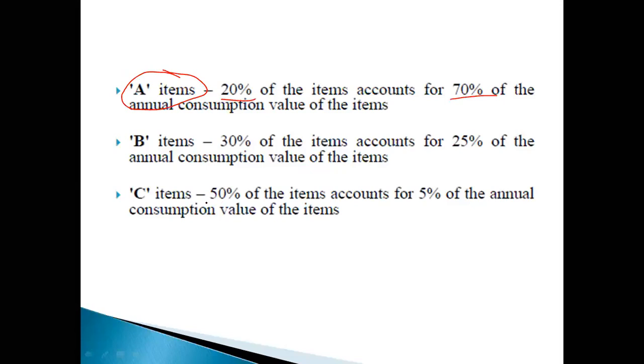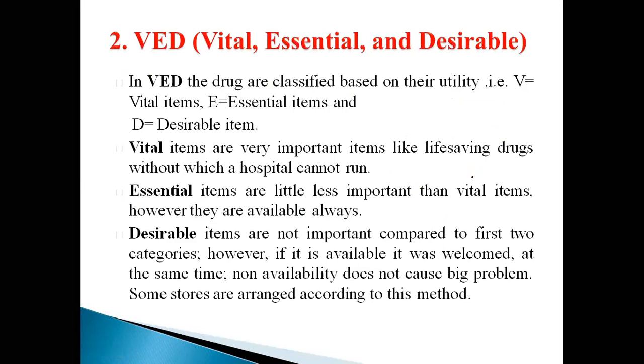Whereas 50% of C items account for only 5% of the financials. Category B has 30% of items accounting for 25% of the financial conditions. That type of analysis is called ABC, always better control analysis.